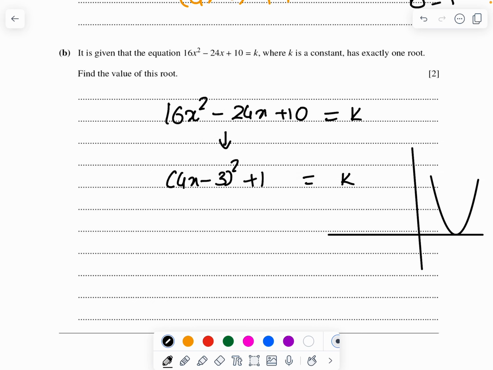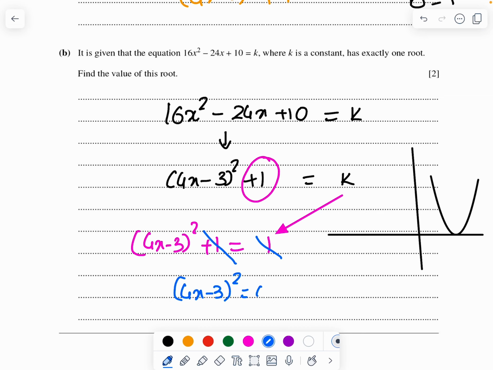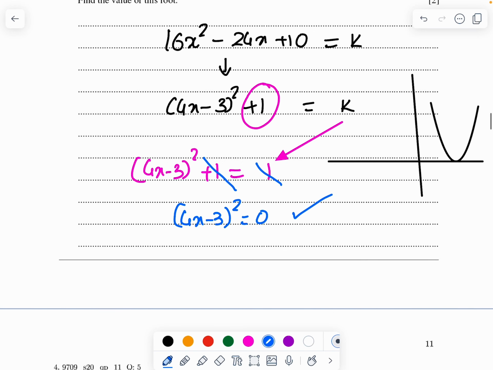So it should be a perfect square. I should not be having this constant 1. So 4x minus 3 whole square plus 1 should be equals to 1. So that 1 will get cancelled. 4x minus 3 whole square equals to 0. Then I'll be getting 4x minus 3 equals to 0, x equals to 3 upon 4. Just only one root I will be getting.